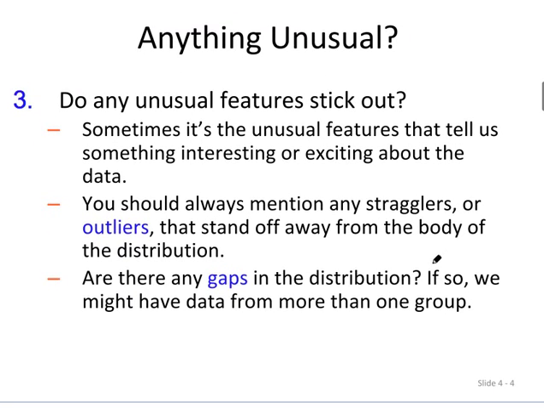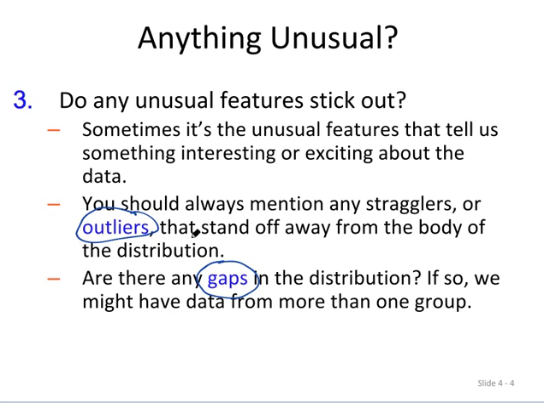So the other thing you'll talk about, so symmetry, you'll talk about what's happening with skewness, and you will talk about do any unusual features stick out. So you're looking for any outliers or any gaps in the data, in the picture that you're looking at, okay? There are lots of reasons why there are outliers, and you don't need to speculate too much. That can be later on in your explanation, but you want to mention if there are any outliers. Are there any pieces of information that just don't seem to fit?